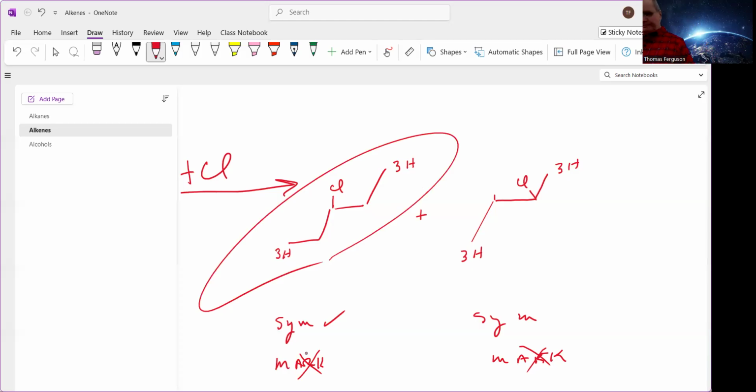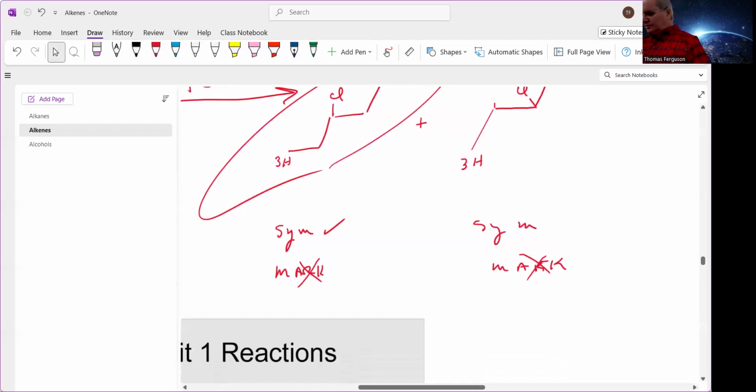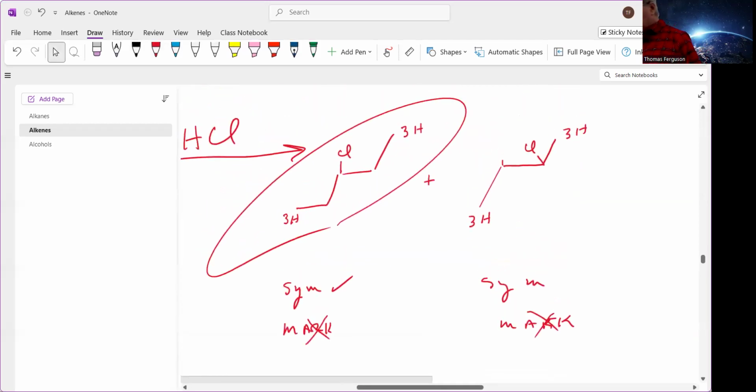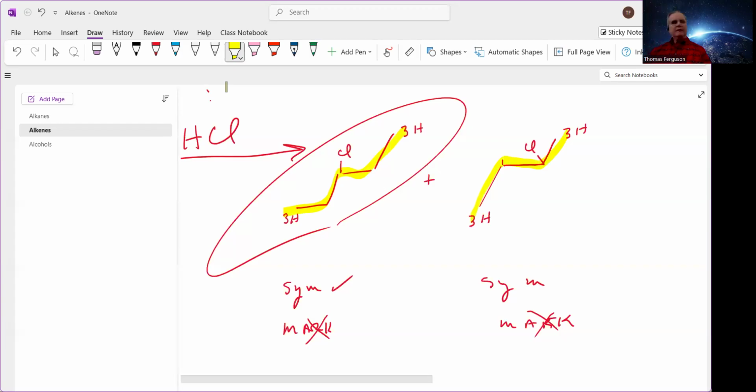And we would also have to name it. We haven't named these yet. So they're both pentane, 5 carbons long.